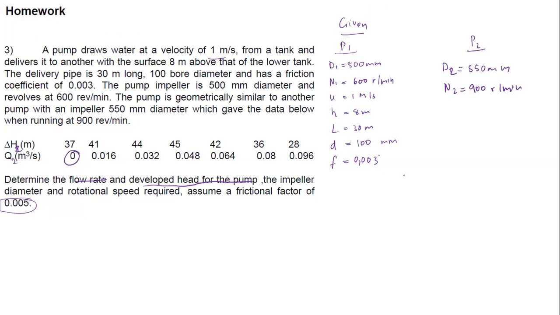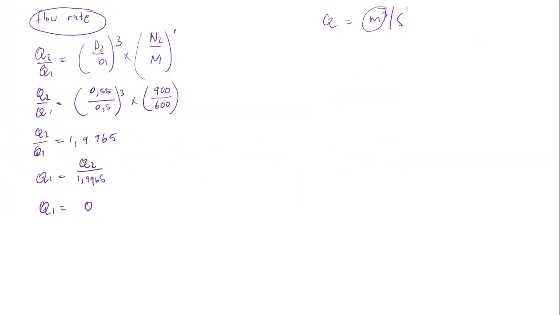The second value for Q2 is 0.016, so I substitute 0.016 and divide by this. On my calculator, I get 8.01 times 10 to the power of -3 meter cubed per second.